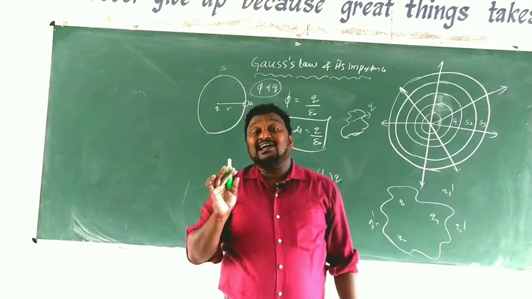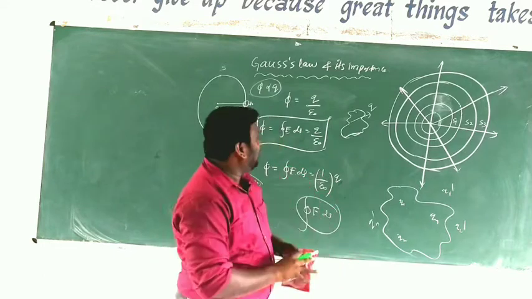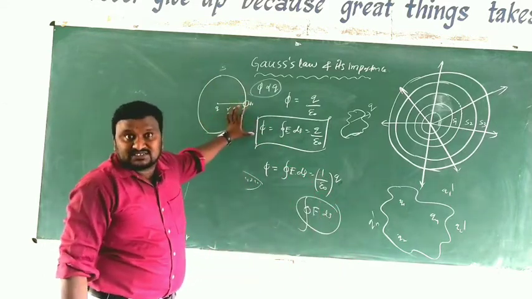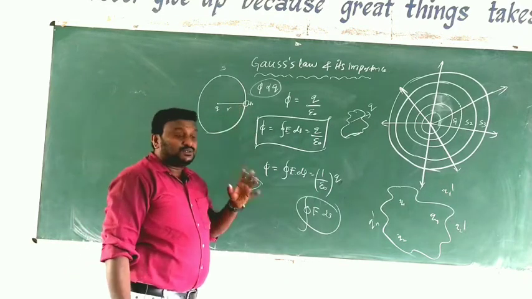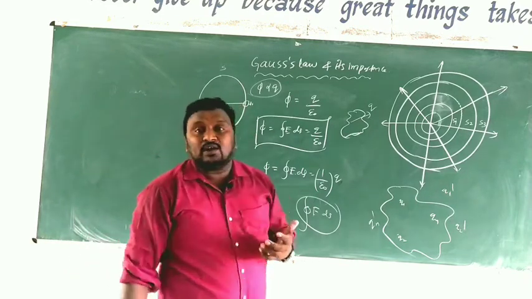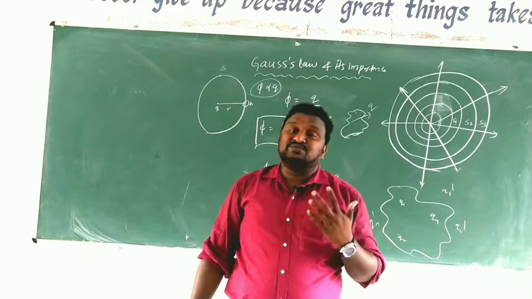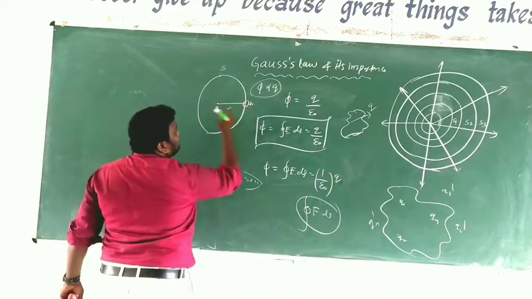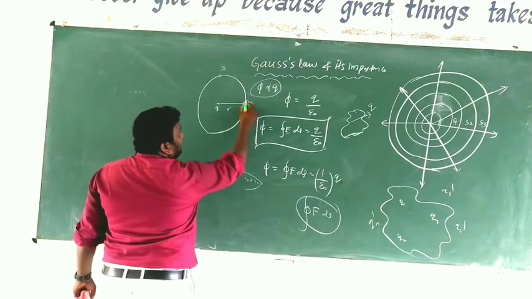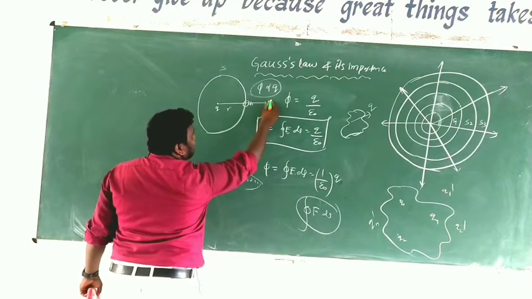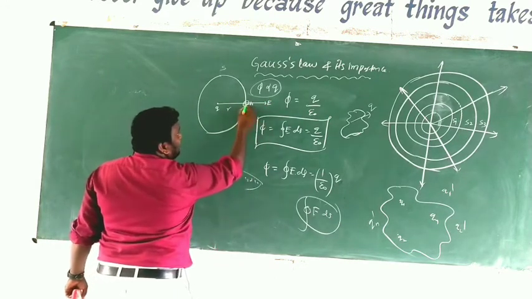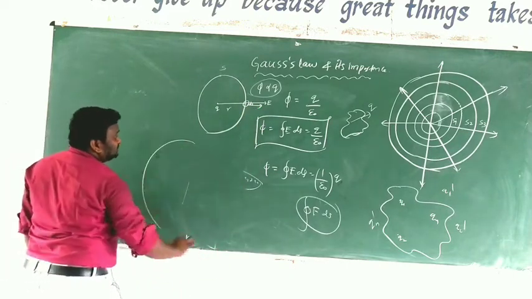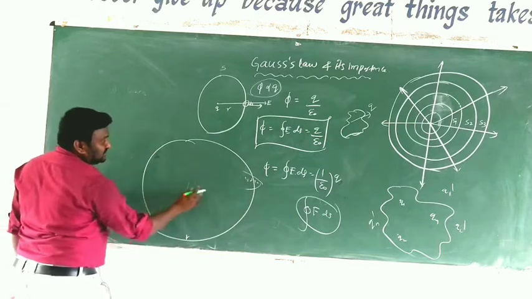For that closed surface, we call it the Gaussian surface. We have selected a small element ds. Here the electric field intensity is in this direction and ds is also in the same direction. Very good, very simple children.